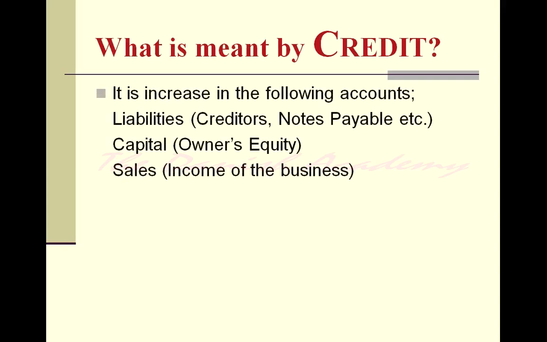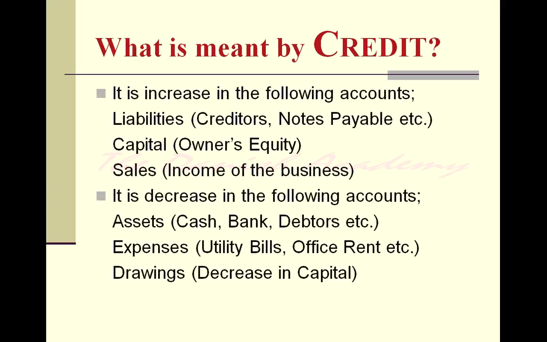Now what is credit? Credit is basically an increase in liabilities. It is vice versa: an increase in liabilities, capital and sales, or a decrease in assets, expenses and drawings. Credit and debit are opposite of each other.